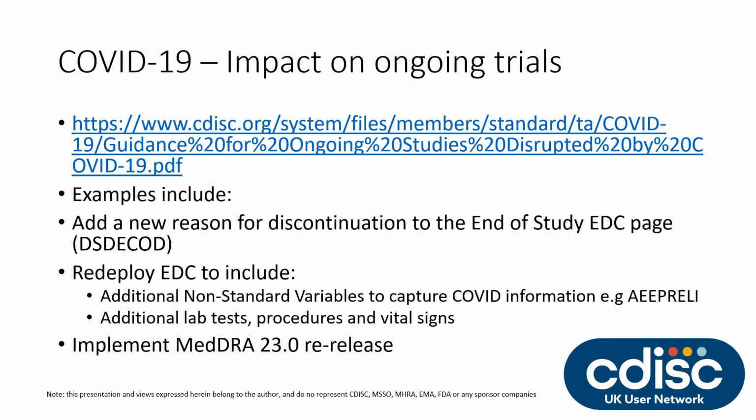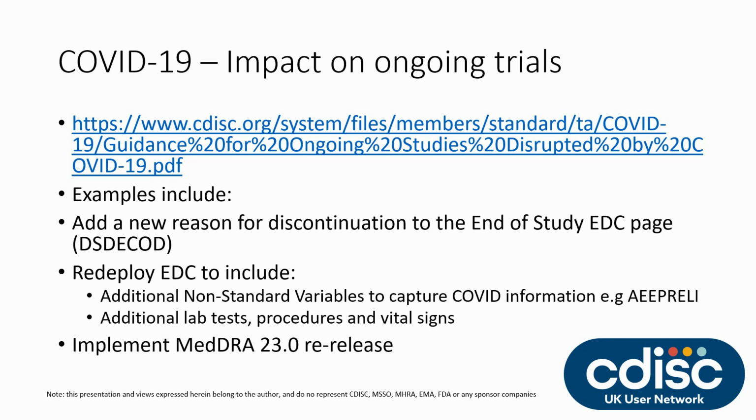Sponsor companies around the world have been, for example, adding a new reason for discontinuation to an end of study page in an electronic data capture tool. Maybe redeploying those electronic data capture tools to include non-standard variables for collecting COVID information, such as the AE procedure variables, and also the AE epidemic indicator, I think.